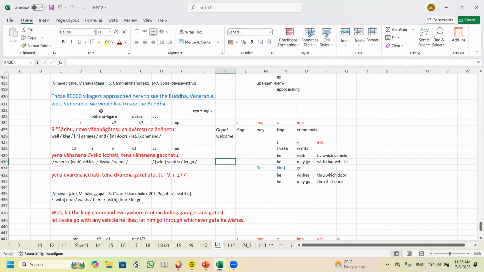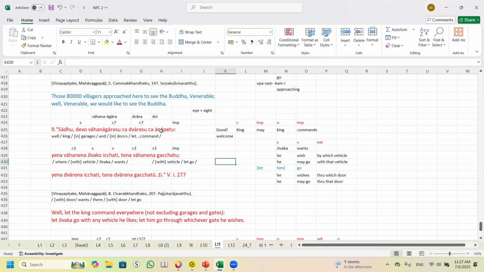Can you see this word? This word is imperative third person. So if we take imperative, this is the structure. Normally, if we use the word may in English, we need to put the object there, because if you translate this, it is may command or let command.